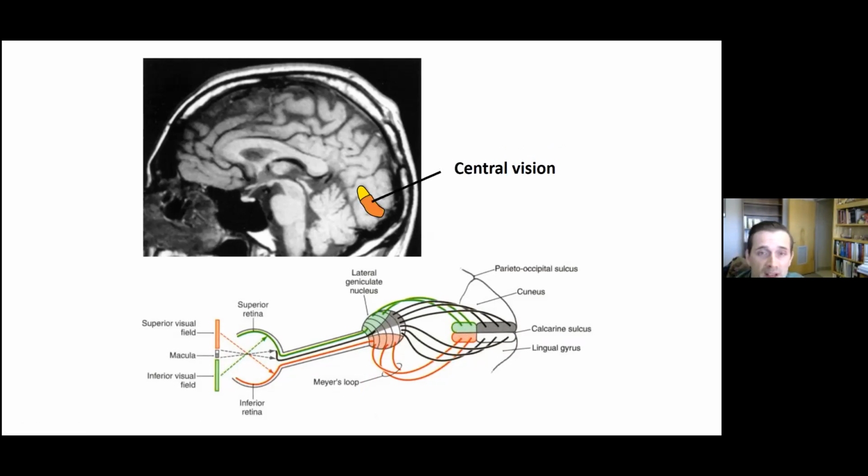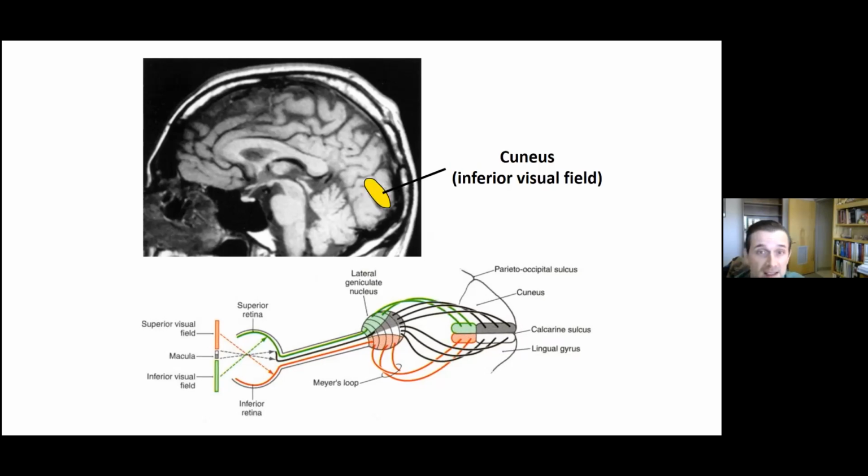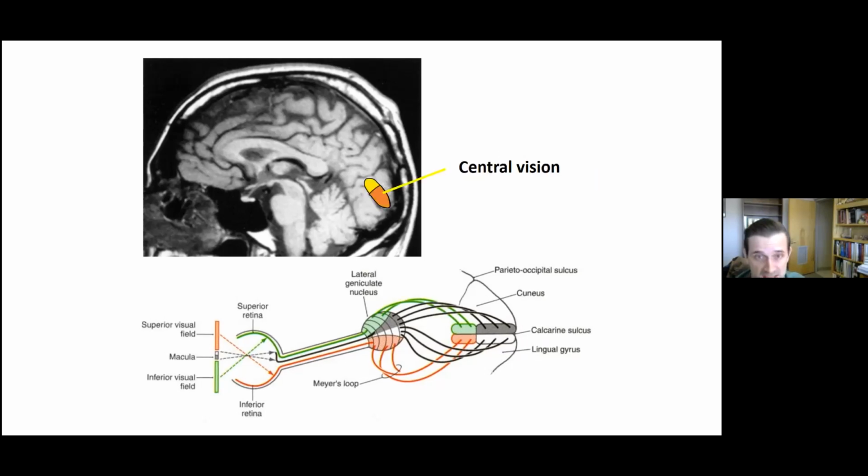And remember that central vision is relegated to the posterior aspect of our primary visual cortex in the lingual gyrus, as well as in the cuneus, as we see in this image. And so remember, the upper part of our primary visual cortex is receiving information from our inferior visual field, again, because of that inversion of images from the lens of the eye.